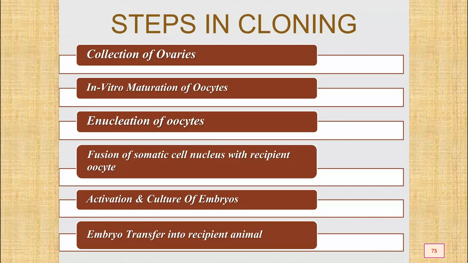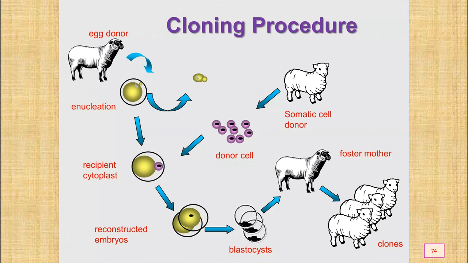Then remarkable things. Here the steps in cloning are: we need to collect the ovaries, then in vitro fertilization, then inoculation of the oocytes, then fusion of the somatic cells, and the embryo transfer into the recipient.